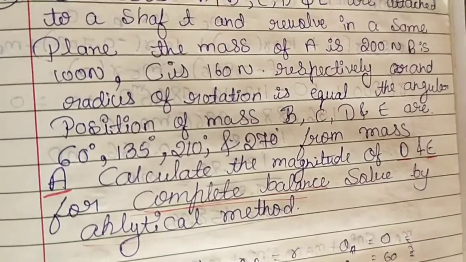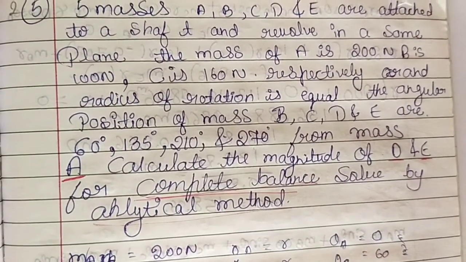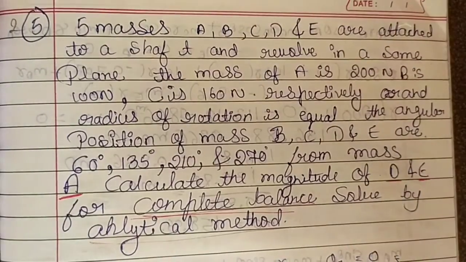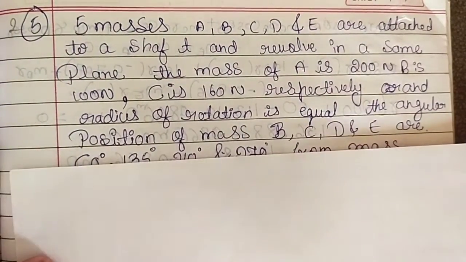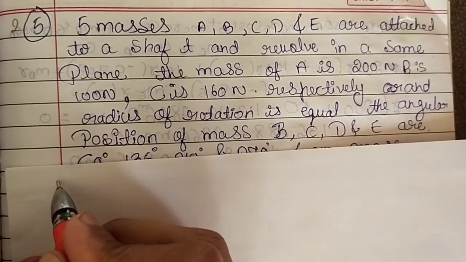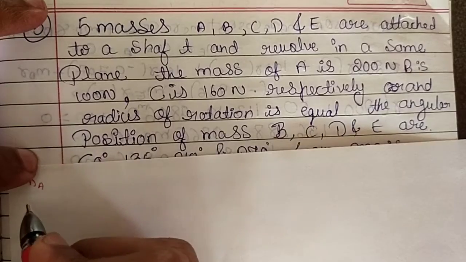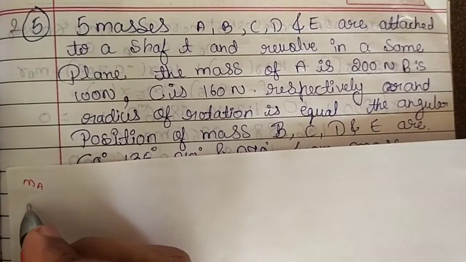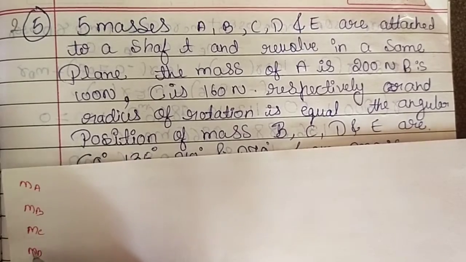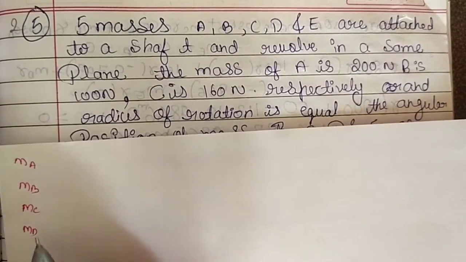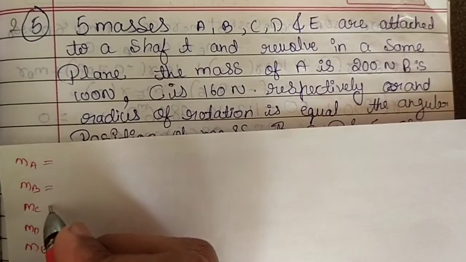We will take the given values first, then go on solving the problem. What all is given? MA, MB, MC, MD and ME, 5 masses are there.